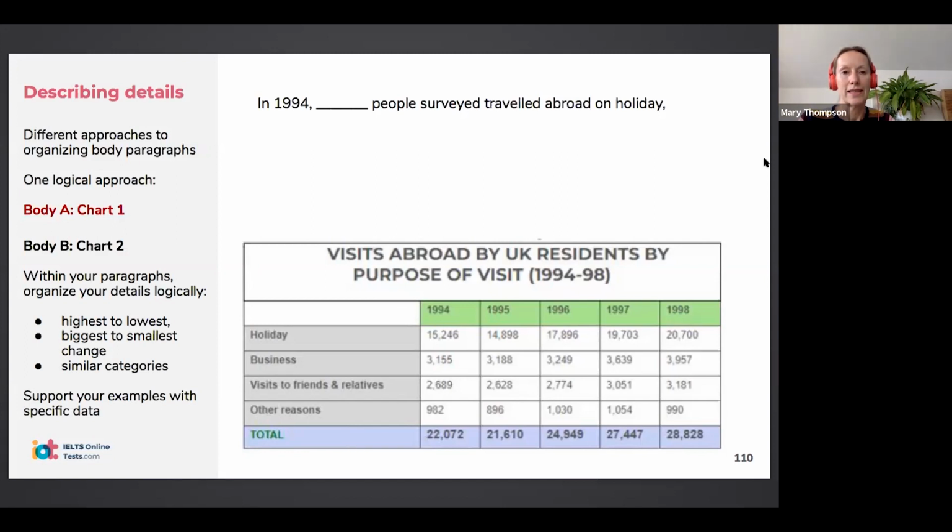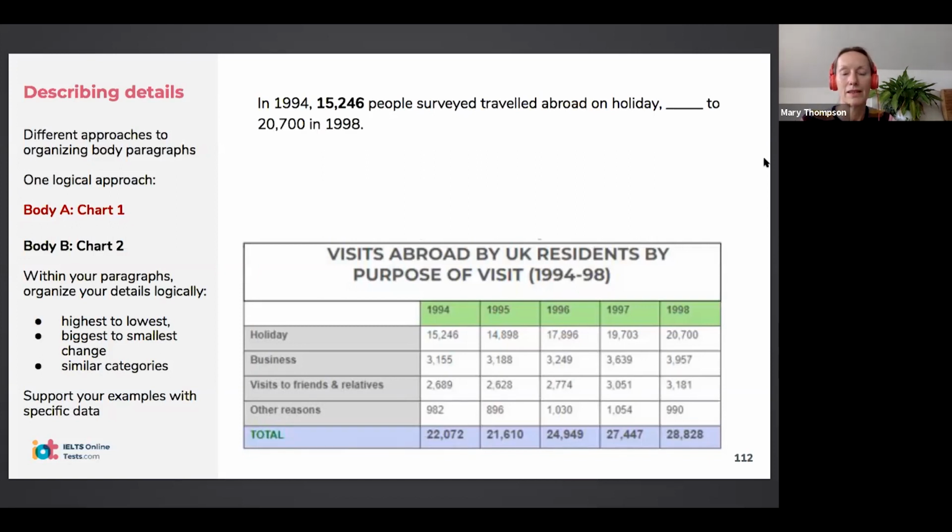Okay, so looking at this, in 1994, something people surveyed traveled abroad on holiday. Okay, what would you say here? Okay, so this is what I mean by including specific data. So you put the actual number in here, so 15,246.